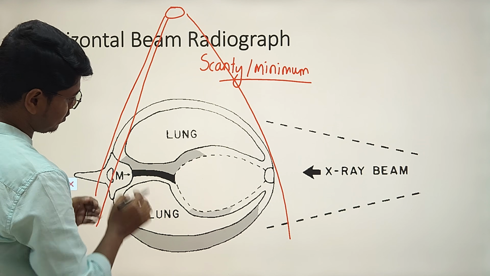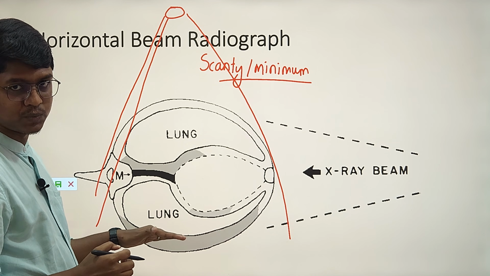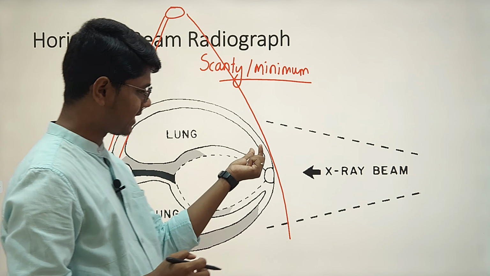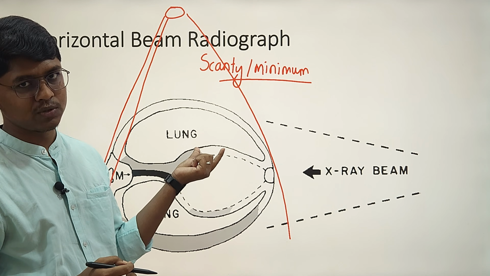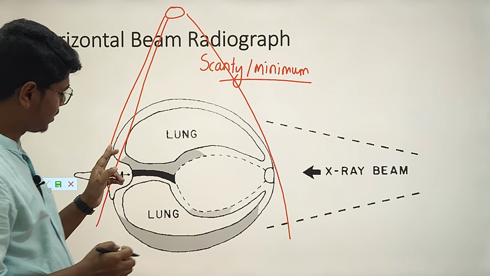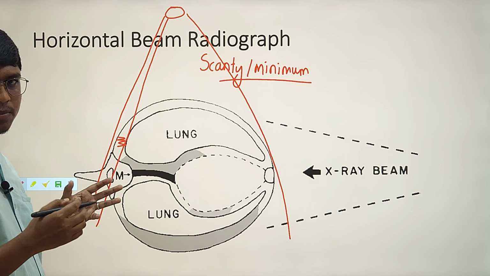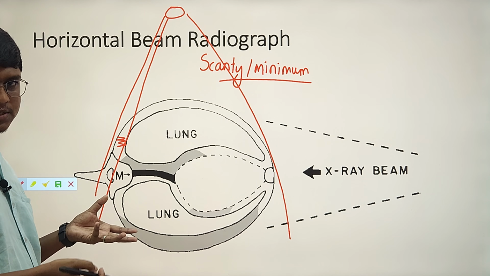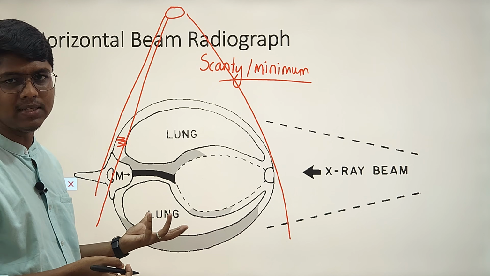The fluid, when it is less, will be on the dependent side. For lung retraction you need a fluid and lung interface, so that radiographically you can see fluid as well as lungs. But in this case, you will not find fluid or lung retraction, especially if the fluid volume is very less.